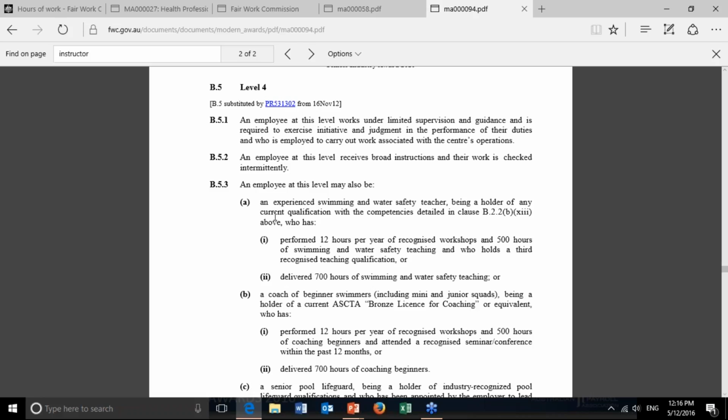The common source of audits are generally triggered from employees who are disgruntled, not necessarily because the employer inadvertently paid under the wrong award. If they've done it and it's a clear error, or in this case, if it wasn't the fitness award and there was something else, it's a genuine mistake. They're not going to penalise you for it. They'll just say, can you pay under the right award, please?